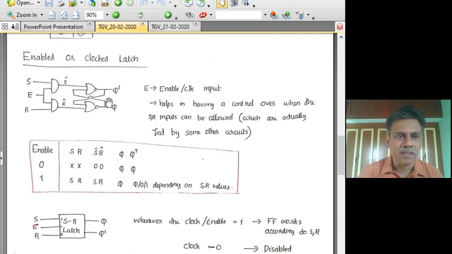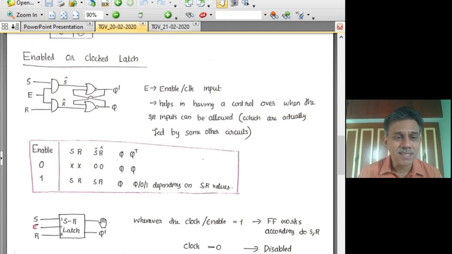We put Q on the same line along with S in the circuitry and Q bar on the same line along with R here. Why? Because now we can easily understand that when S equal to 1, Q will be 1. When R equal to 1, Q complement will be 1. Of course, the other input has to be 0.